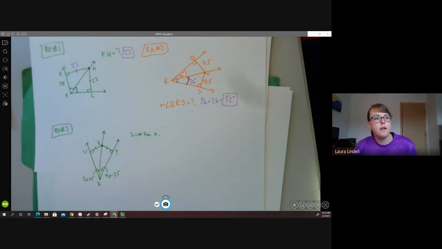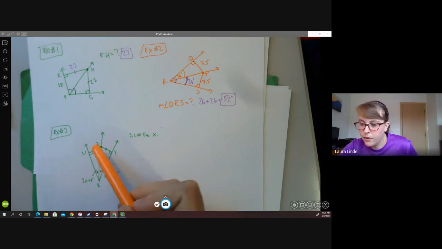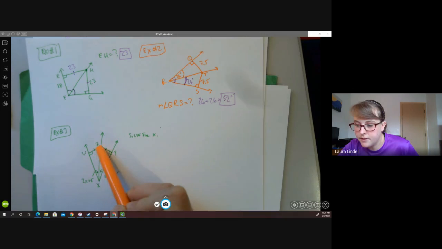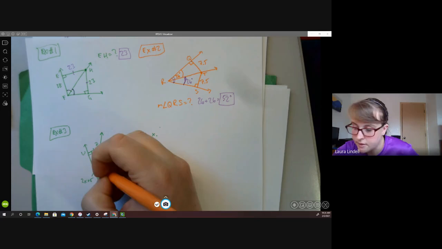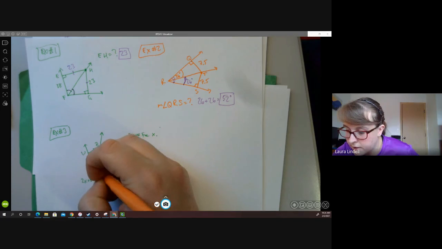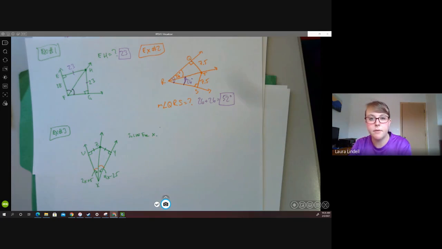Okay. So looking at this new picture, since we know that these two things are the same distance, we know that that makes this the angle bisector. So, since that's the case, if that's an angle bisector, these two angles are equal to each other. So we can set them equal.